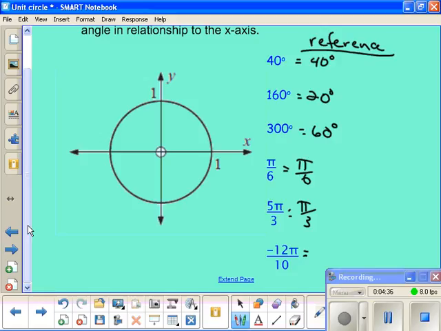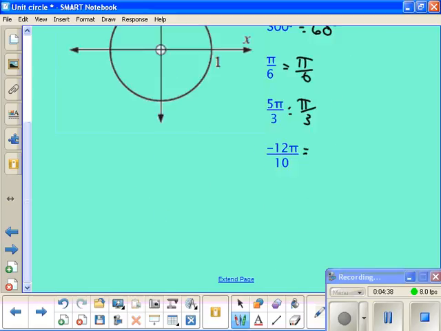Let's reduce that first. Negative 12 pi over 10 is negative 6 pi over 5. So we go this way. It's going to be somewhere up here. How far is that from the x-axis? Well, this is negative 10 pi over 10.